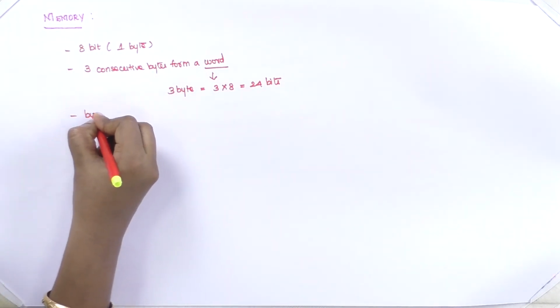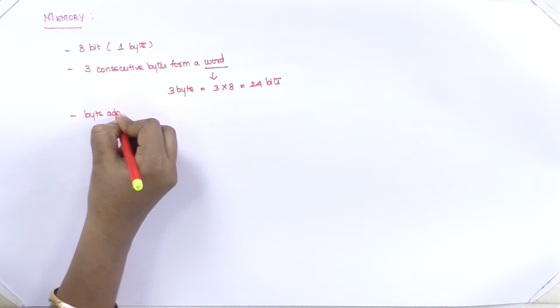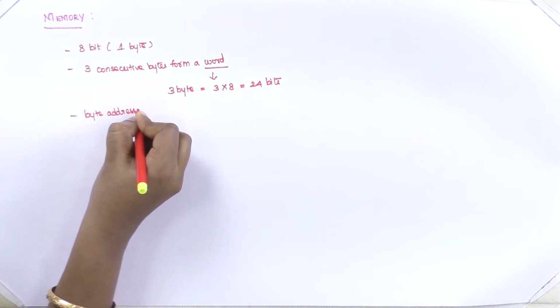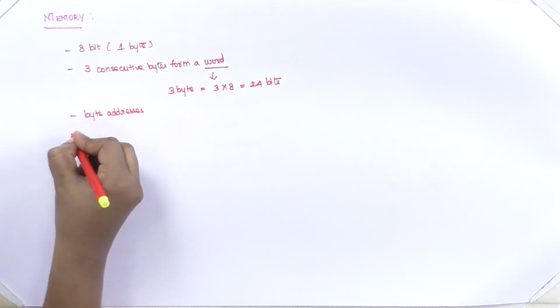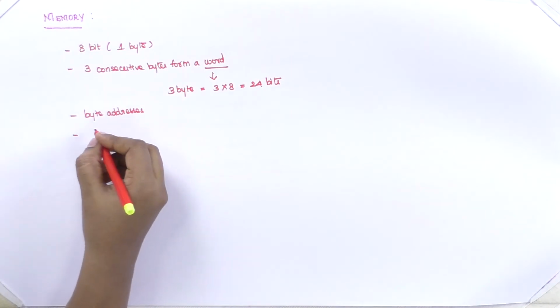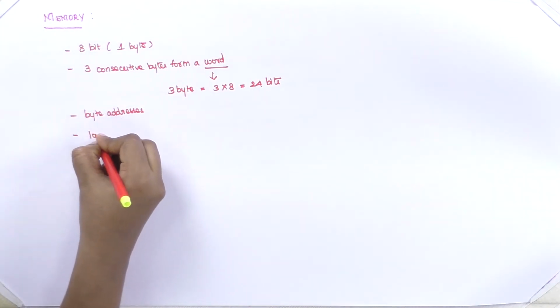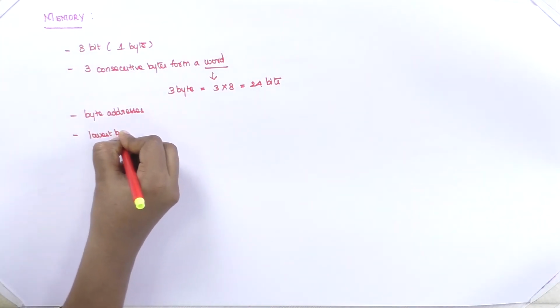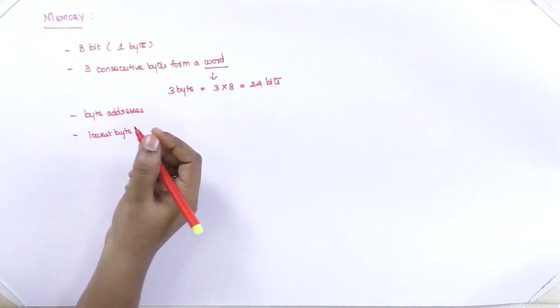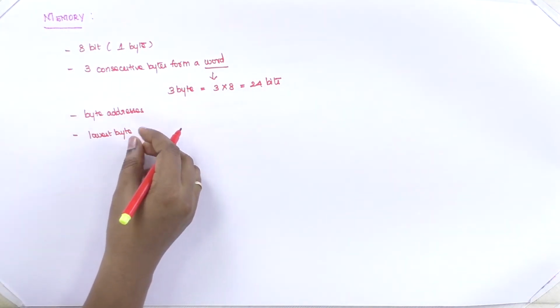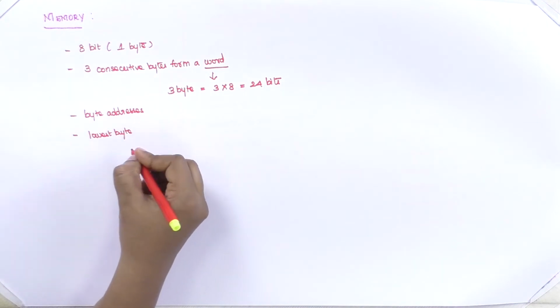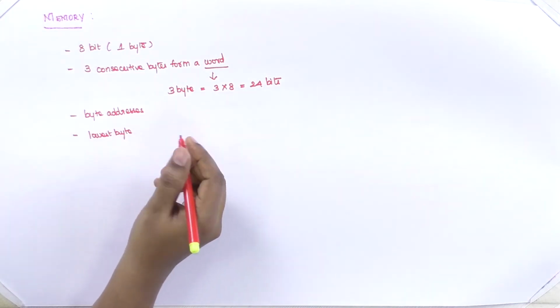All addresses are byte addresses. Words are addressed by the location of their lowest byte. For example, if memory starts from 0, it is from 0 to 4 or 0 to 2 or 0 to 6.